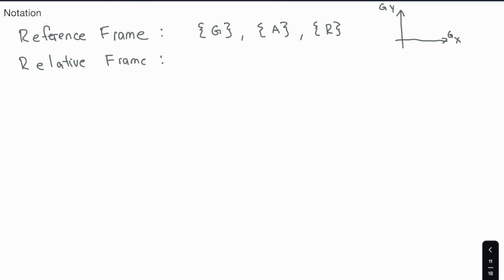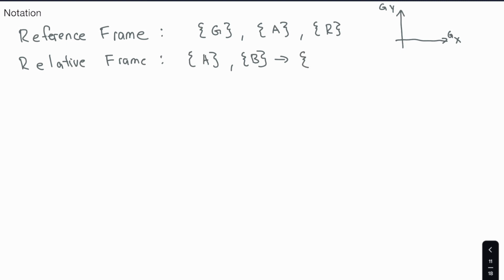And the notation we'll have for indicating that one frame is relative to another. So let's say that we have two frames, A and B. And let's say that A is static, a fixed frame, and B is one that moves around. And what we want is to define B in terms of A. For that, we need two things.